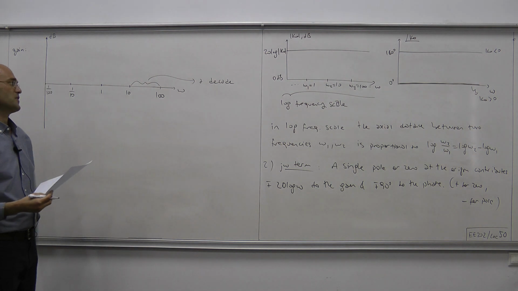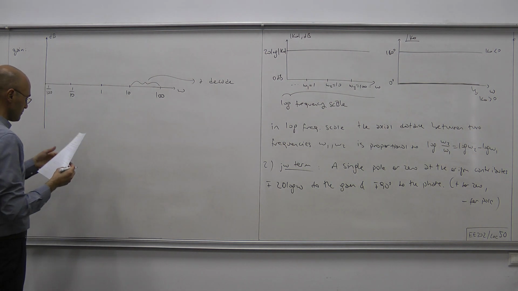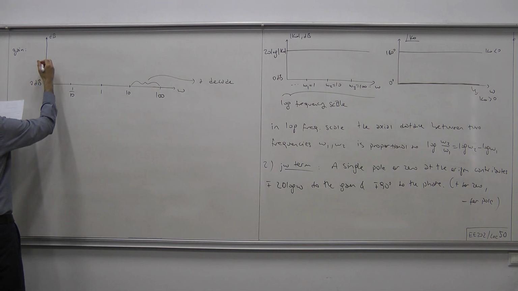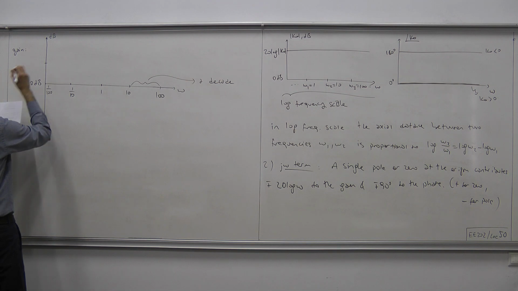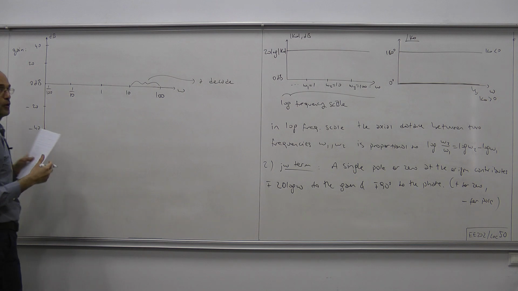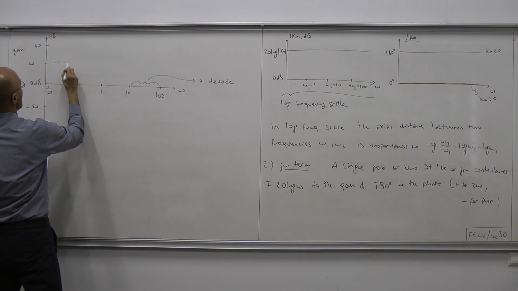We will give the precise definition of a decade soon. Now let's also mark the vertical axis. Suppose this is 20 dB, and let this be 40 dB. And this is minus 20 dB, and suppose that this is minus 40 dB, and so on.